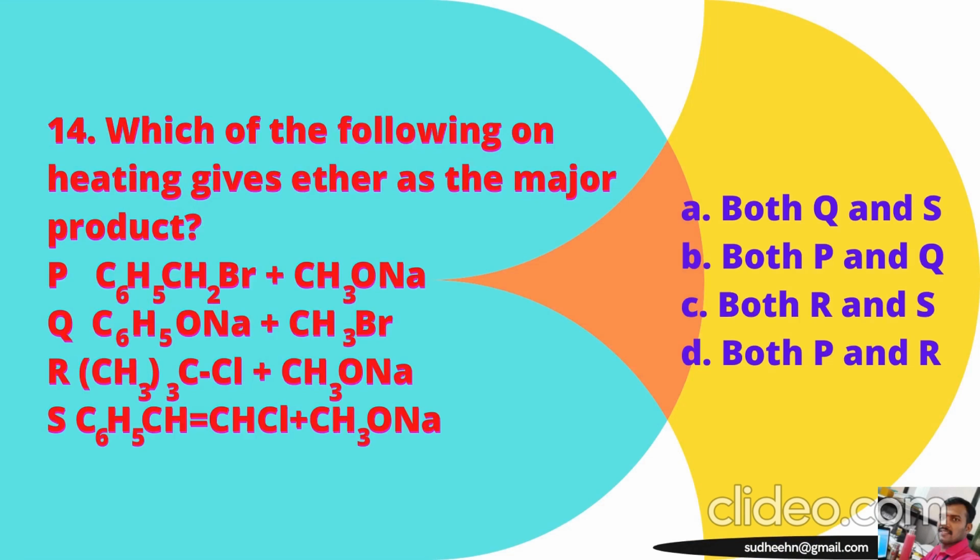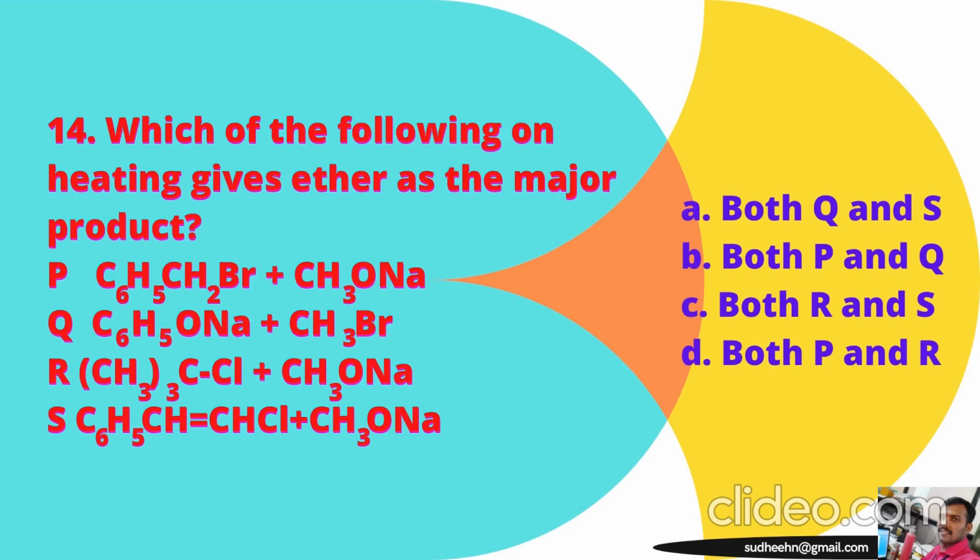Next, the third one, R, (CH3)3CCl plus CH3ONa, that is when tert-butyl chloride is made to react with sodium methoxide. Next, reaction S, C6H5CH=CHCl plus CH3ONa.